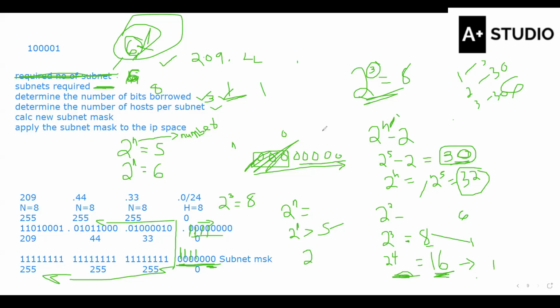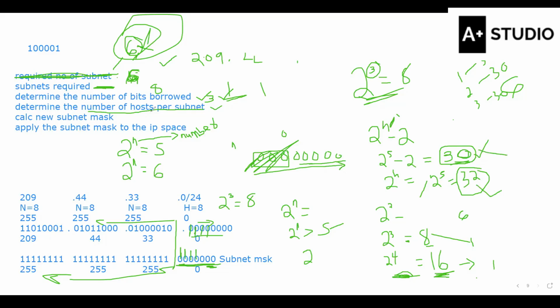So that is why this here is 30. Even with this, you see our answer here was wrong. It is supposed to be 32. When they say assignable, that is where our answer of 30 comes in. Here it says the number of hosts per subnet, so that is 32, but the usable or assignable one becomes 30.